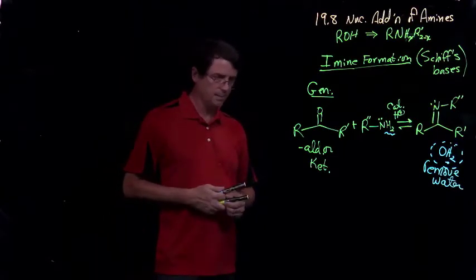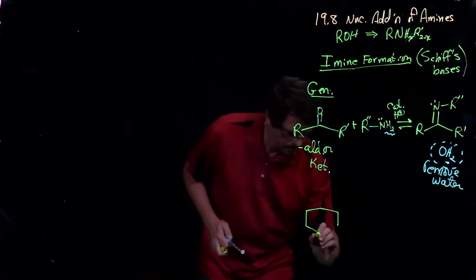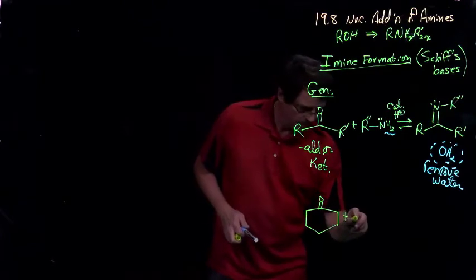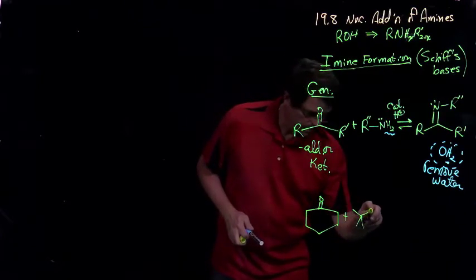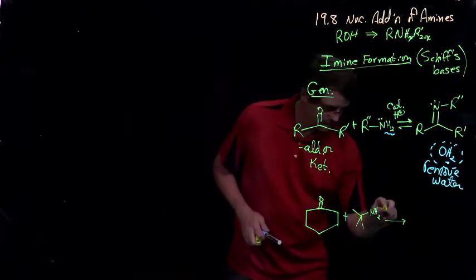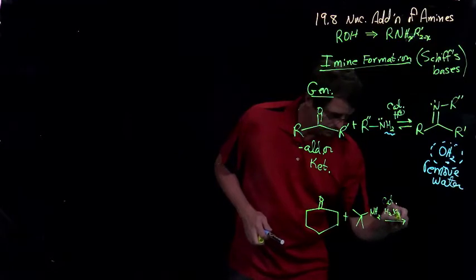So let's look at a simple example of this. We might have cyclohexanone. We'll react that with tertiary butylamine with a catalytic quantity of H2SO4.